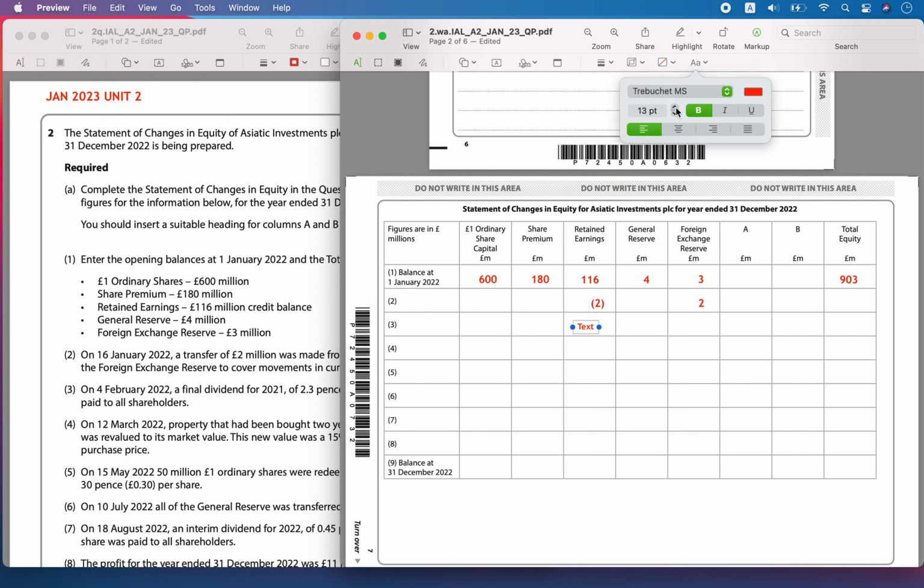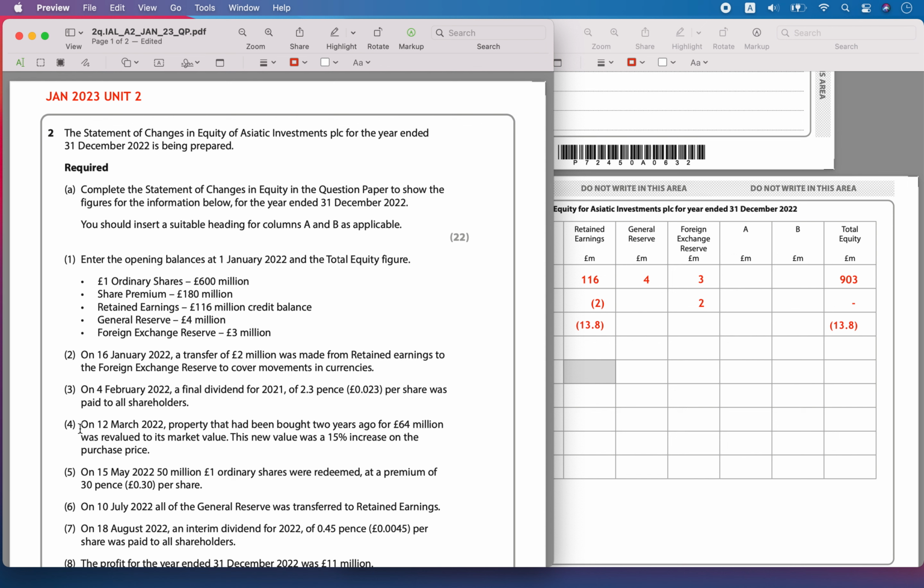So let's write it here: 13.8 million was issued from the retained earnings. And we have to write the total here. It was just a transfer out, so there is no change in the other columns, and in the total column 13.8 has become less.